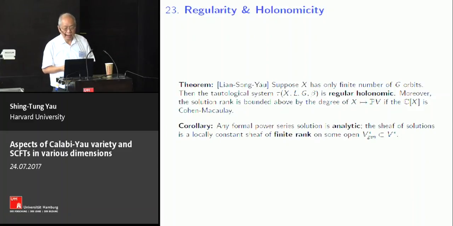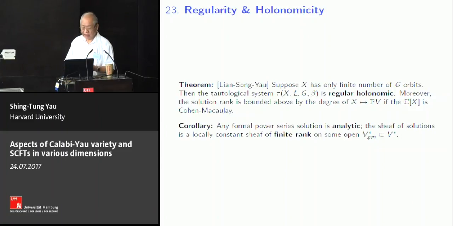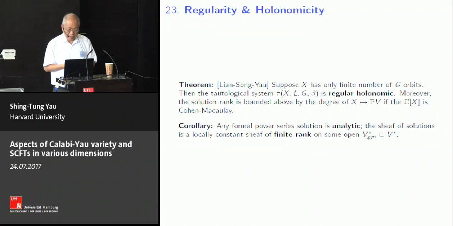And the rank is bounded by the degree of X sitting in P(V) in a rather general situation. And so one can prove several corollaries out of it. For example, formal power series solutions must be analytic. And the sheaf of solutions is a locally constant sheaf of finite rank.